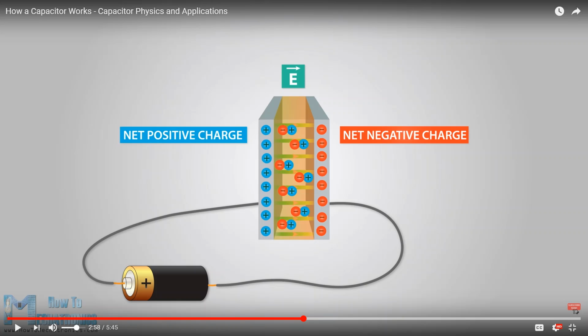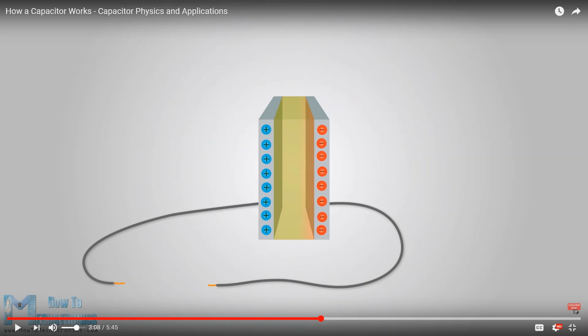Okay, I'll ask a couple more questions. What happens in this state? Open circuit, fully charged capacitor. Okay, so the electrons will stay put.